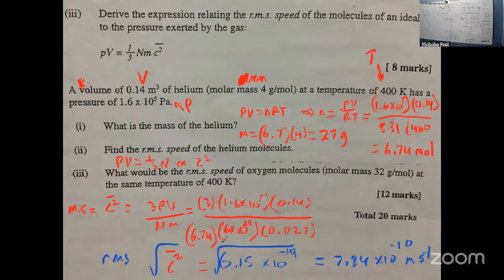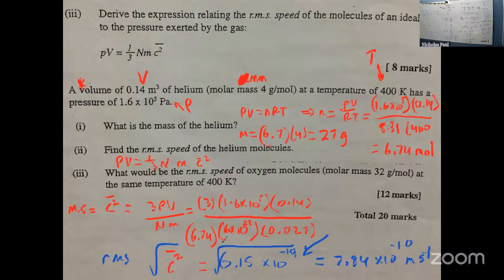The unit is m s to the minus 1, right? What's the SI unit here for mean square? The SI unit for root mean square is m s to the minus 1.